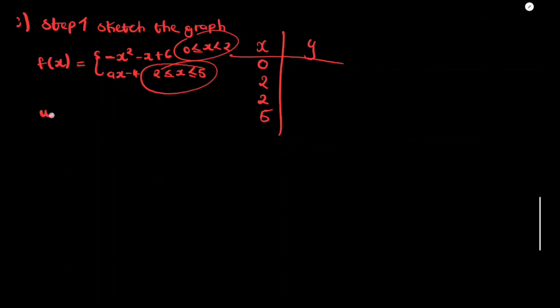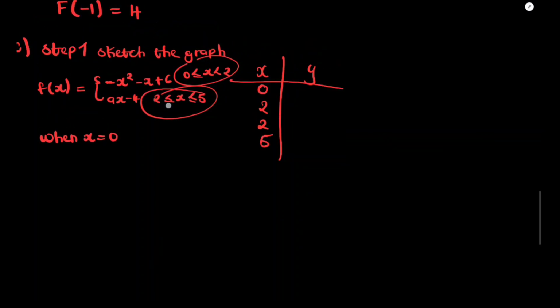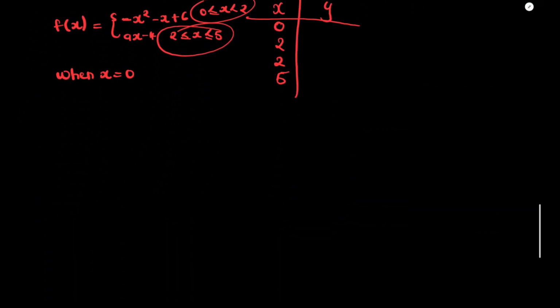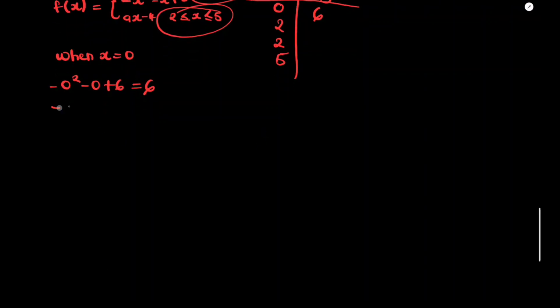So let's take the first case. When x is equal to 0, what is our y? Remember they said y is equal to f of x. So we'll just simply substitute this 0 in this function. We have minus 0 squared minus 0 plus 6, and this gives us 6. So when x is 0, y is 6. Let us take the next number, 2. We'll substitute 2 again.